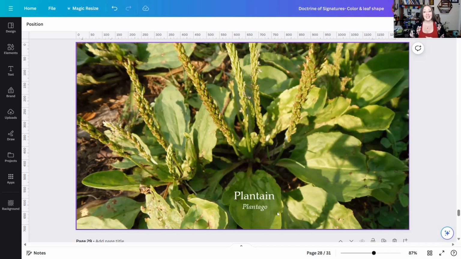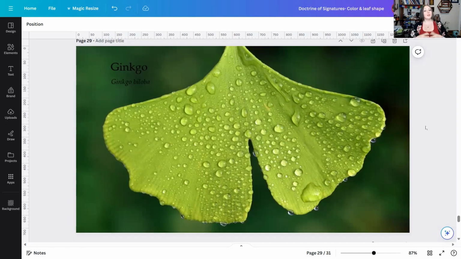Plantain is an excellent example. So next we have our two-lobed leaves, which are a signature for our bilaterally lobed organs, which would be our brain and our lungs. So just look at this. It even resembles the lungs on the leaf of this ginkgo plant.